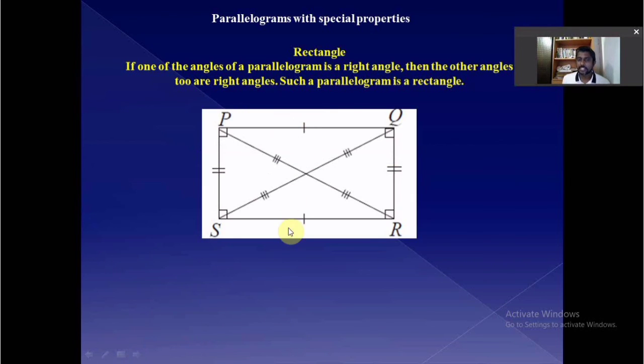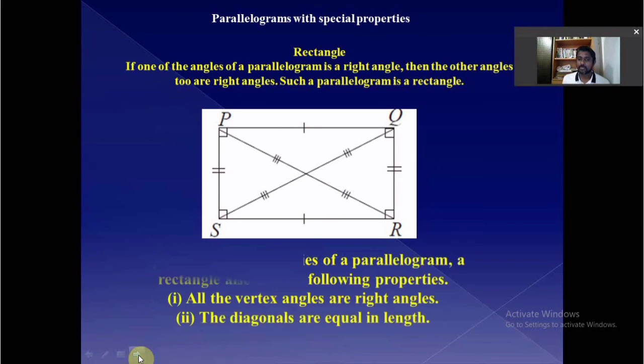You can see here that opposite sides are equal and opposite sides are parallel. When we draw the two diagonals, they bisect each other. All the vertex angles are right angles, and the diagonals are equal in length and bisect each other. That's the reason it is a parallelogram.